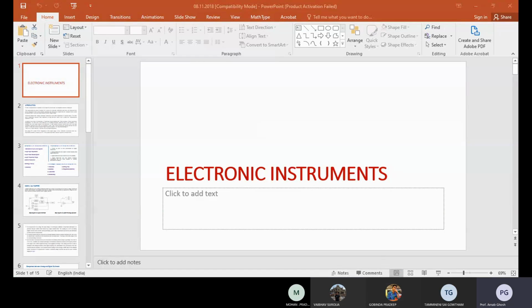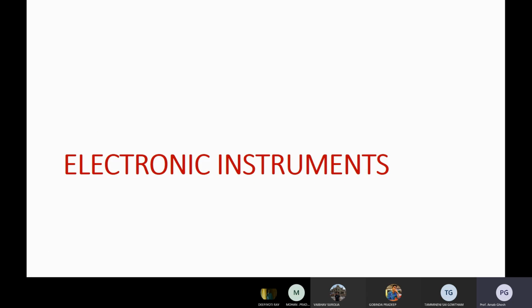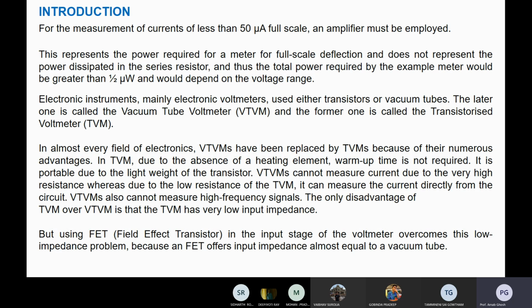So in my last class, I have already started with the discussions of electronic instruments, especially digital instrumentation. That was the introductory class. I told about different characteristics, motivations and classifications of digital electronics based instrumentation.